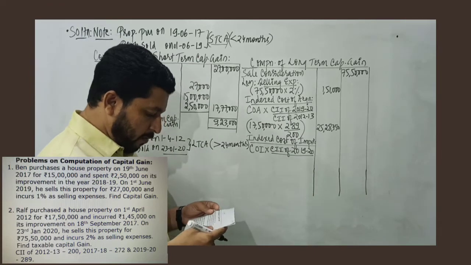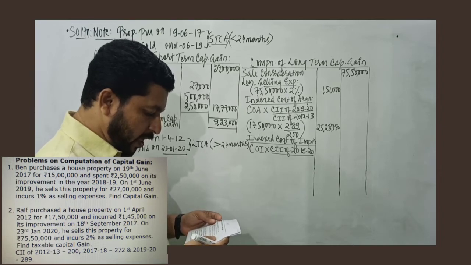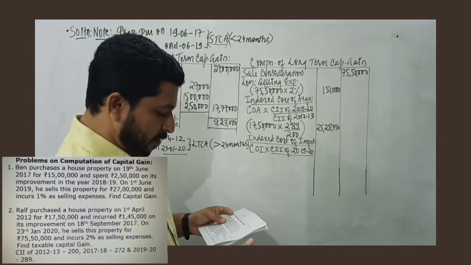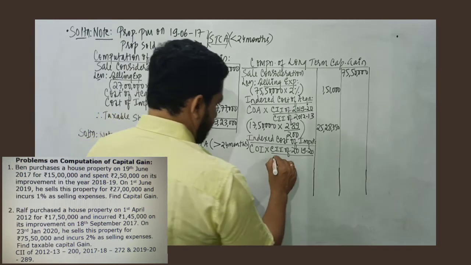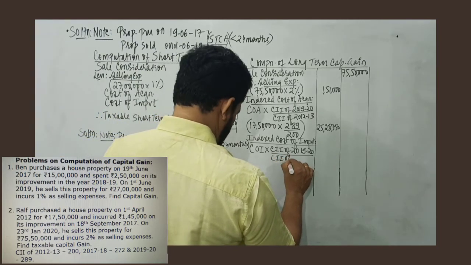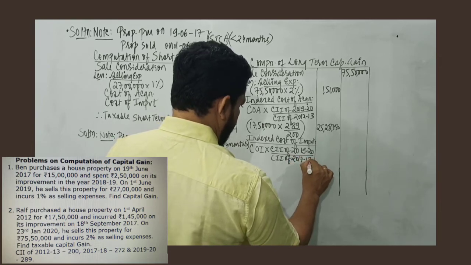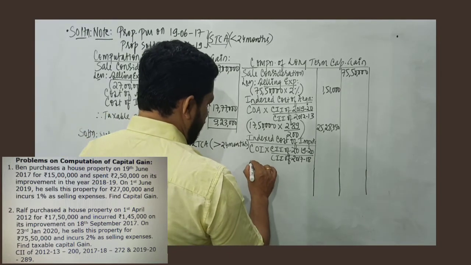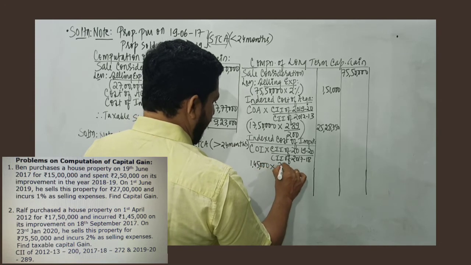Now we'll have to read the problem. He incurred rupees 1,45,000 on its improvement on 18th September 2017. 18th September 2017 is previous year 1718, the CII of 1718. Cost of improvement is given, it is 1,45,000 into 289.